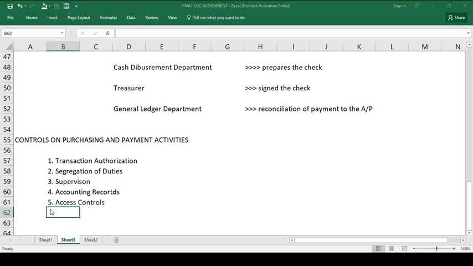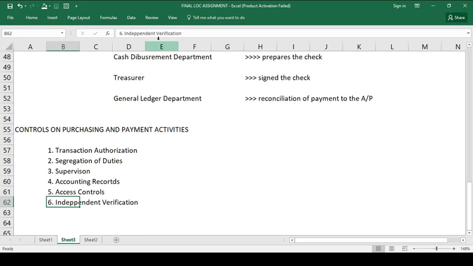Another is independent verification. Okay, independent verification. For a good control on the purchasing and payment activities, the documents can be verified by an independent party.